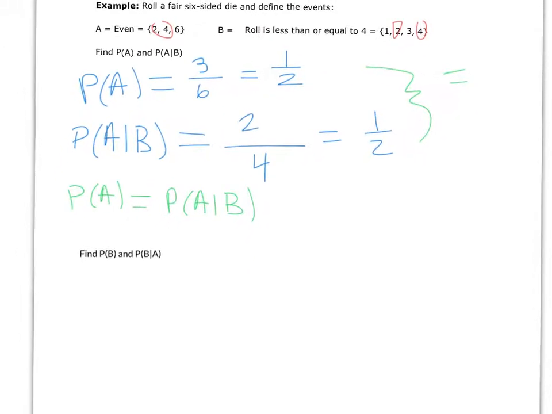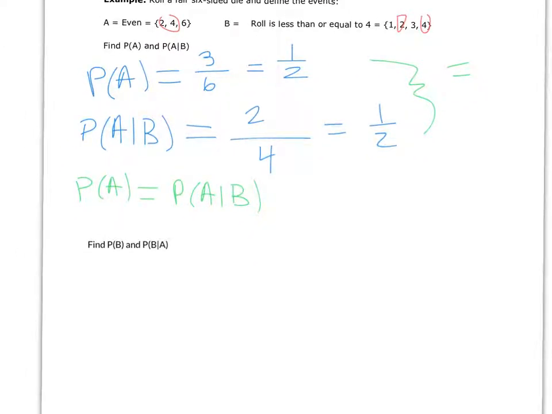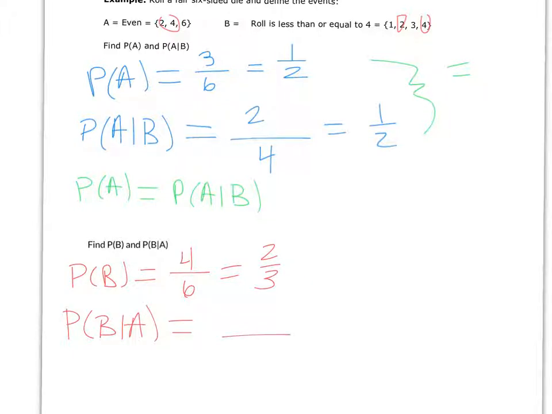Let's look now at some probabilities about B. Probability of B, well, there's 4 outcomes in B over the total of 6, so we get 2/3. Now, probability of B, but assuming that A has happened, so our new denominator is 3, and we want now the intersection, or I'm sorry, the "and" event between A and B, and then we know that there are 2 outcomes.